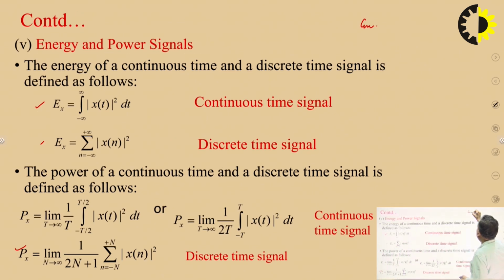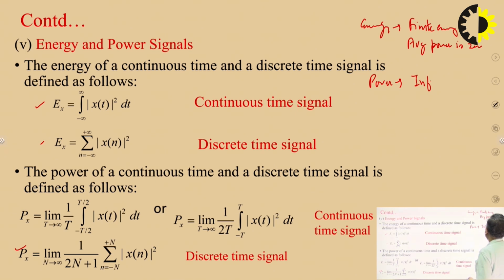Energy signals are signals having finite energy and zero average power, and power signals have infinite energy and finite power.